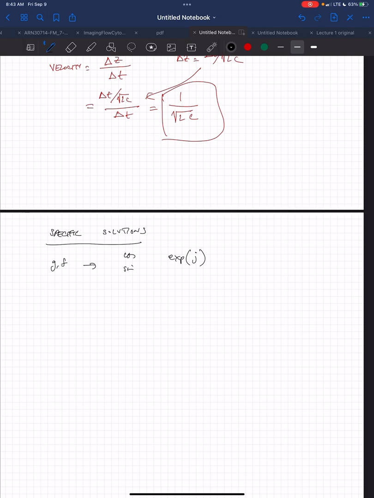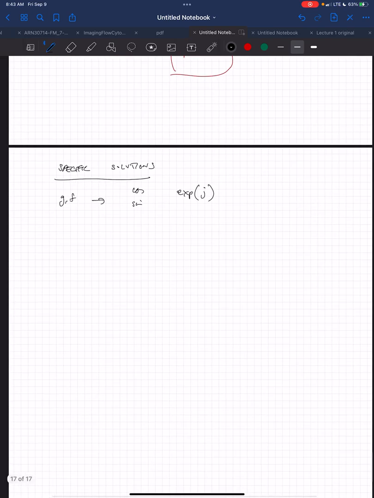So these are pretty possible solutions. So specifically what it'll look like is cosine of omega t plus minus beta z as a general case.